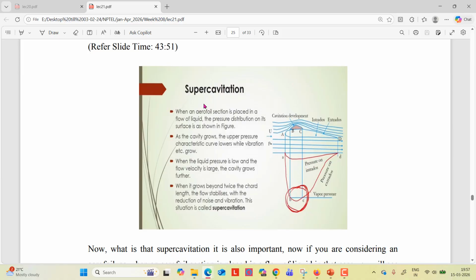So, what is supercavitation? When an aerofoil, so this is your aerofoil, right? Section is placed in a flow of liquid, the pressure distribution on its surface is shown.